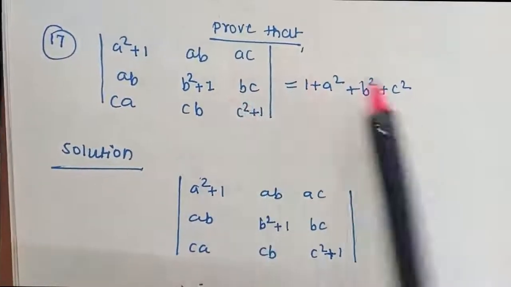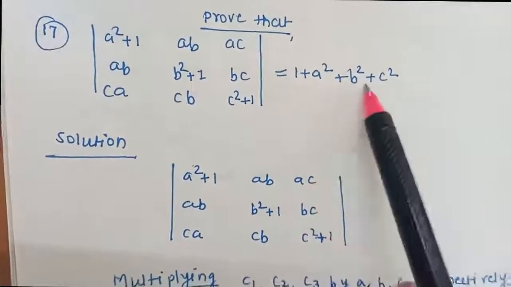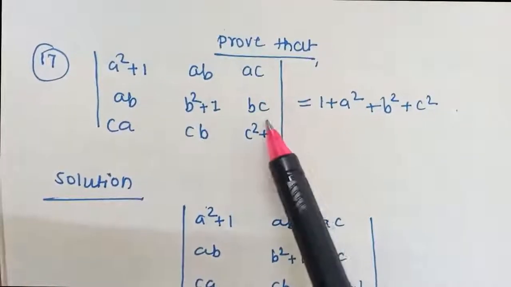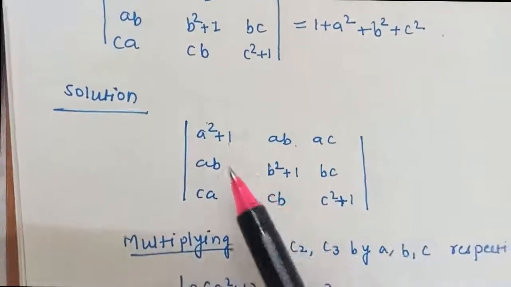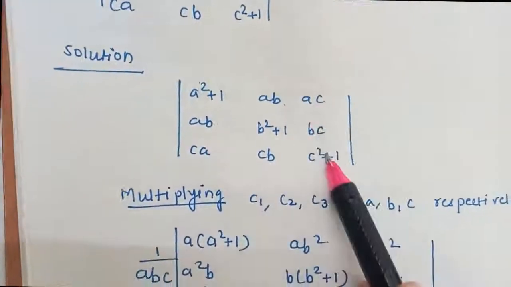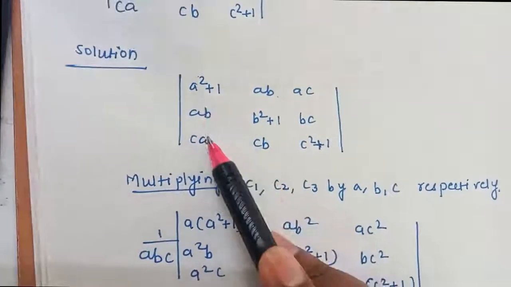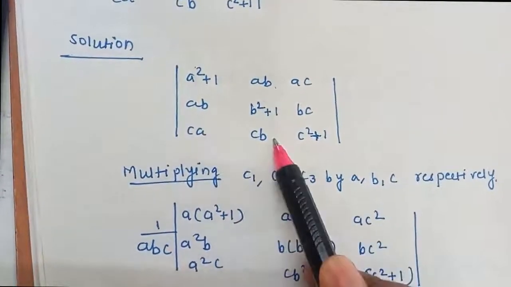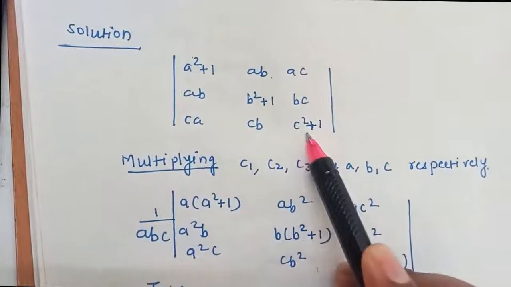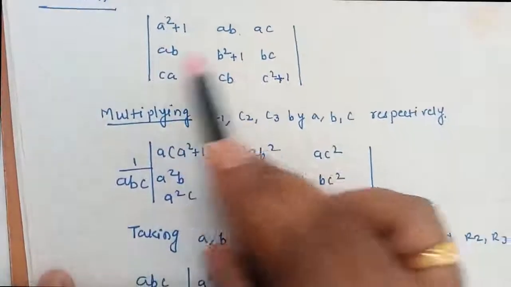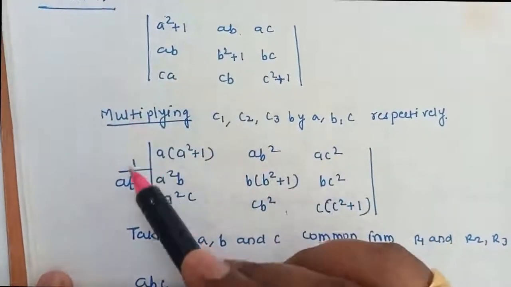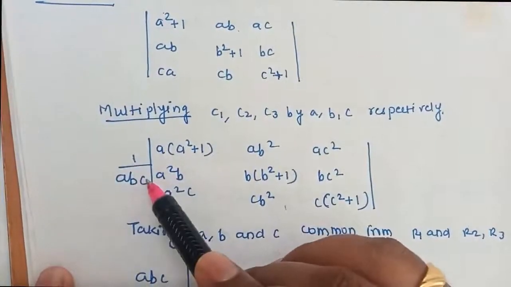This is the determinant they have given. I have to prove this. 1 plus a square plus b square plus c square, write down as it is. Now this C1, C2 and C3, I will multiply C1 with a, C2 with b and C3 with c. If you multiply something, to balance it I have to divide, so it will be 1 upon abc.